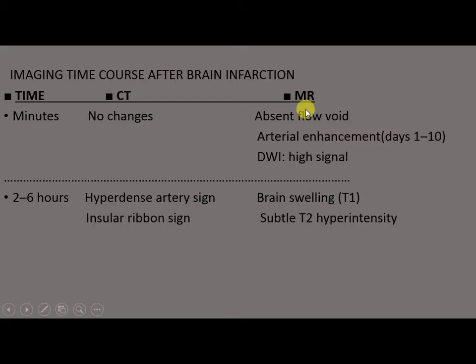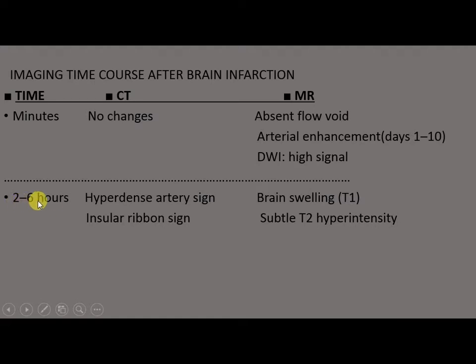Another MRI sign is arterial enhancement, which usually starts from 1 to 10 days, due to occlusion. Diffusion weighted image can also show high signal within minutes of infarction, so it is the most sensitive imaging sequence.